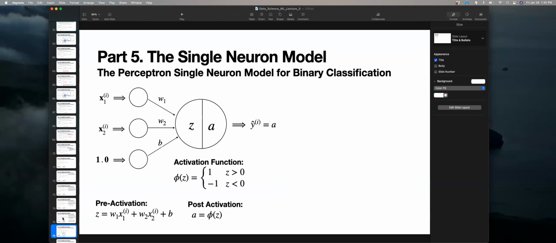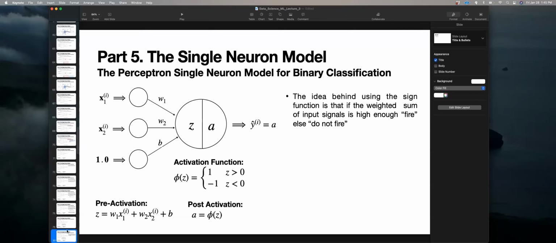Okay. All right, so we have more pieces now. We have the general model. We have two inputs, one bias, a single neuron, pre-activation, post-activation, an activation function. It's starting to look nice to me. So why would we use the sign function as our activation function? Well, the general idea is that if the weighted sum of signals is high enough, then we're going to fire.